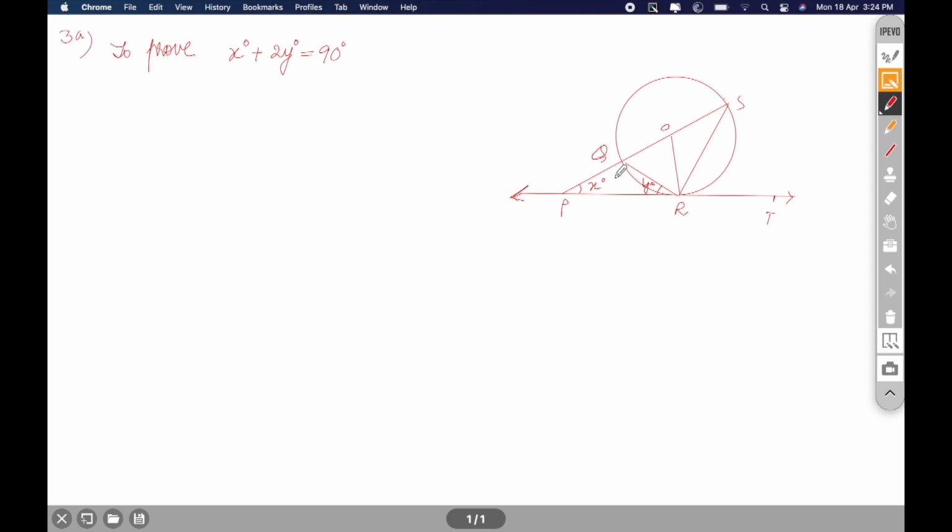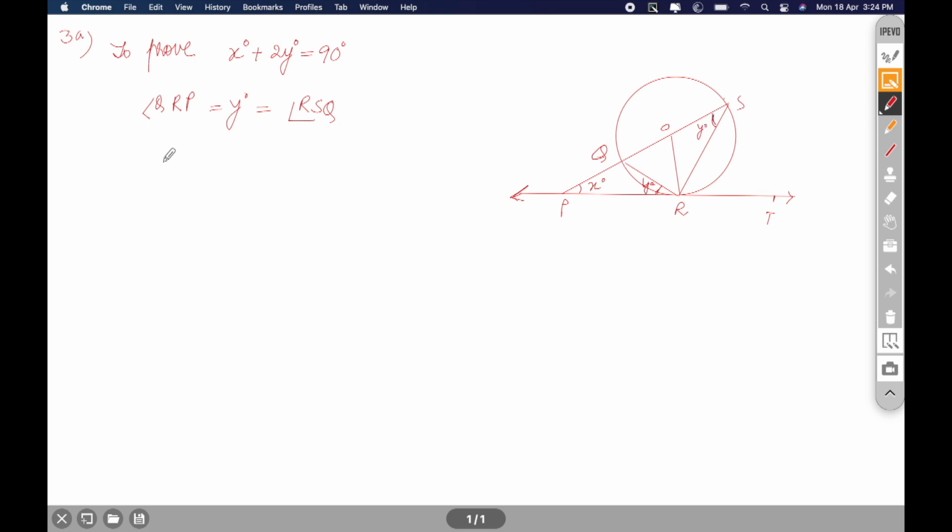Here we have this angle, angle QRP equals y degree, and this angle is equal to angle RSQ. This angle, that is RSQ, is also y degree.